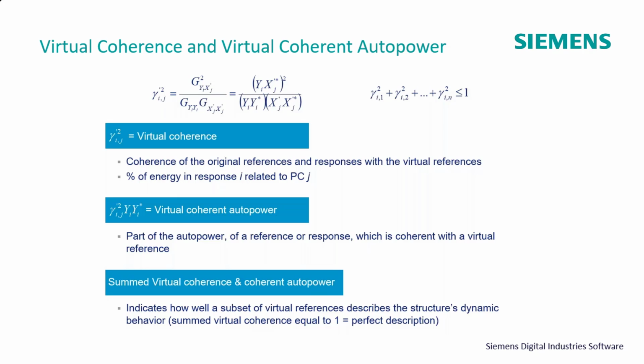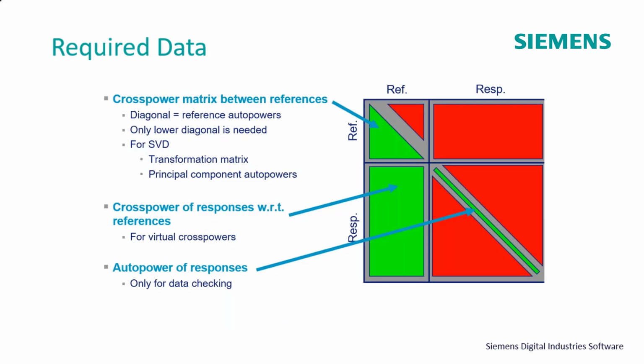And we can also look at the sum of virtual coherence and coherent autopower. This indicates how well a subset of virtual references describes the structure's dynamic behavior. So these are checks to see if the virtual references being used are appropriate. They're also a good check to see how many principal components you want to use in the transfer path analysis study.